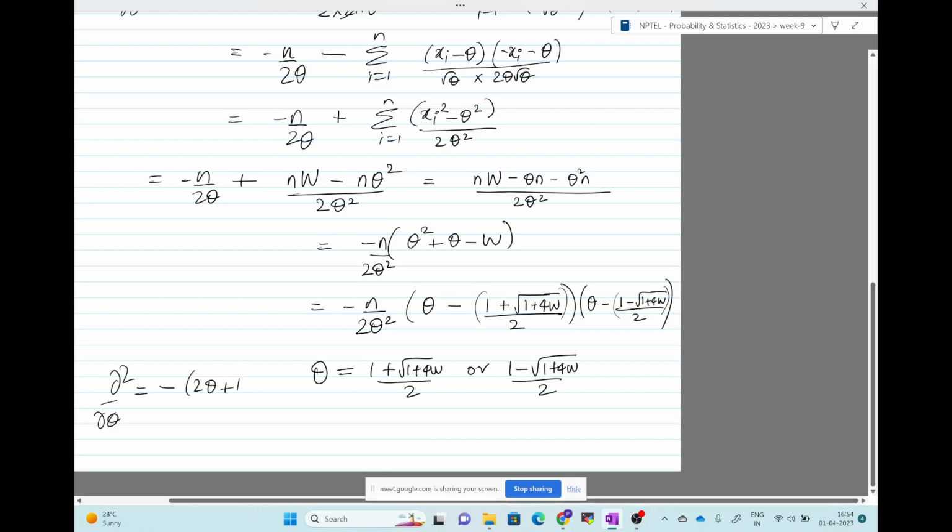So you will get positive theta for this term, right? This will be negative. This will be positive. I think this should have a minus 1 now.